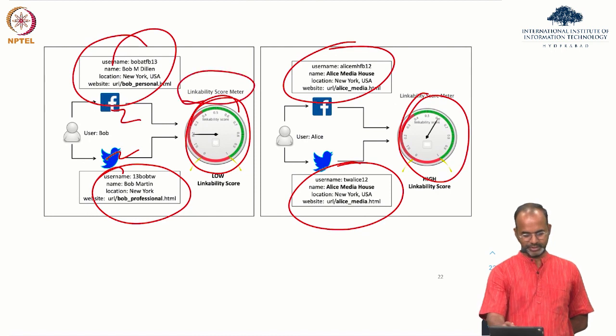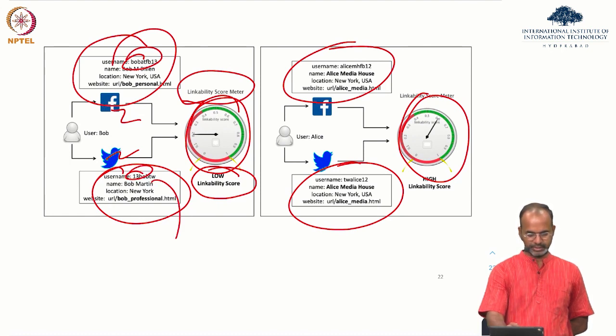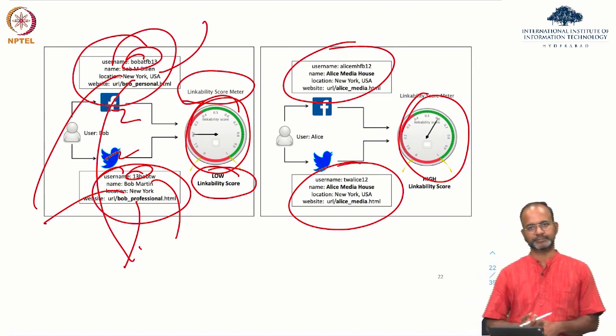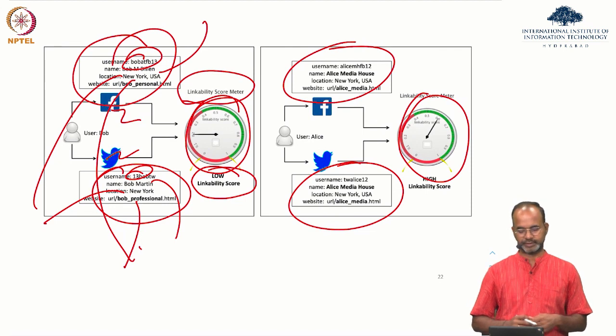The linkability score meter is actually saying that it's low, because if you look at this username, and probably the name, location, URL, right? It's hard to say that it's the same user, at least with the information that is given here.